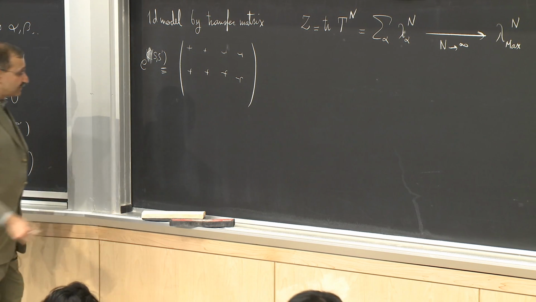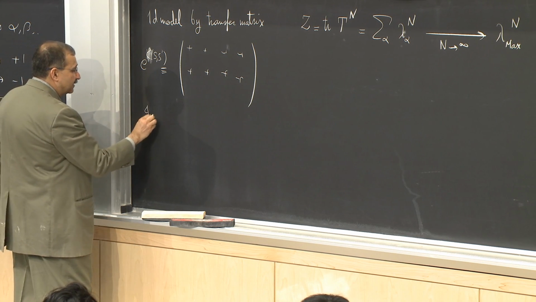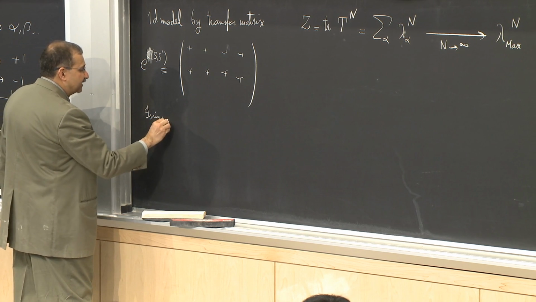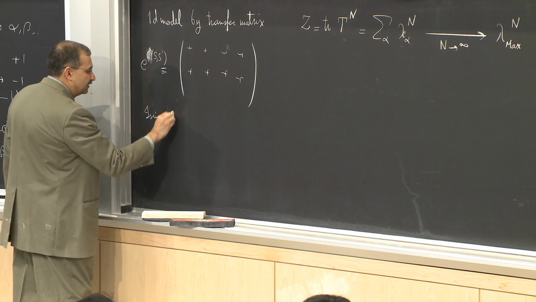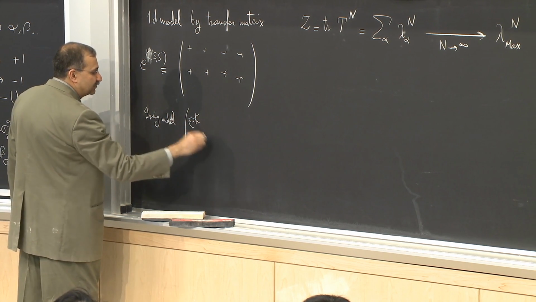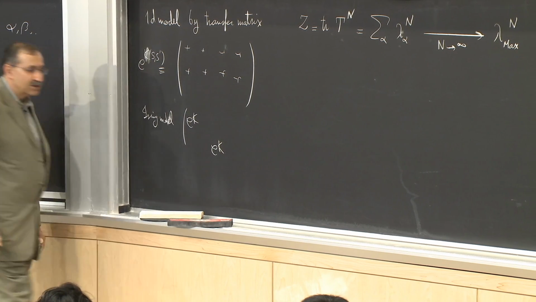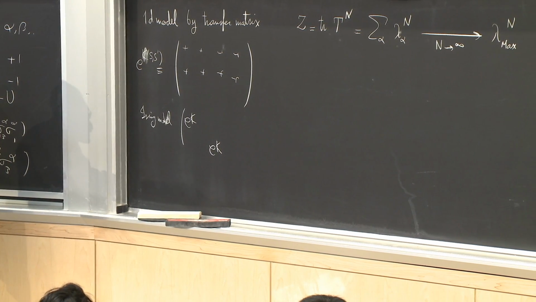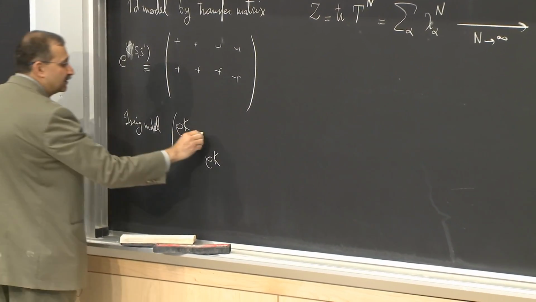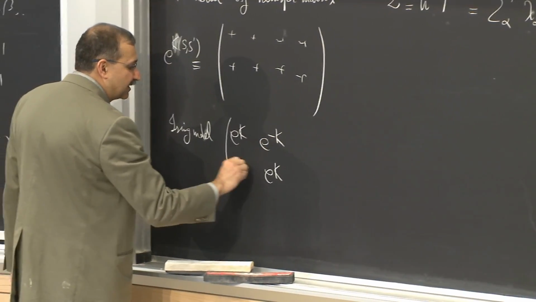Now, for the case of the Ising model without the magnetic field, the matrix is 2 by 2. It's e to the k corresponding to the diagonal terms where the spins are parallel, e to the minus k when the spins are antiparallel.